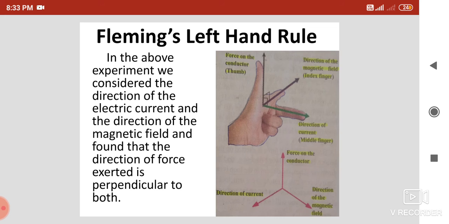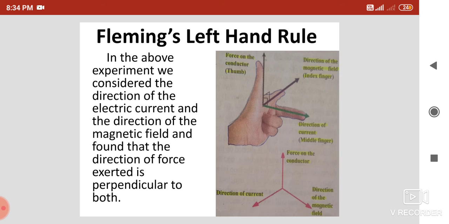When these three are perpendicular to each other, the index finger is in the direction of magnetic field and the middle finger is the direction of the current. Then the thumb shows the direction of force on the conductor. See again the statement of Fleming's left hand rule.